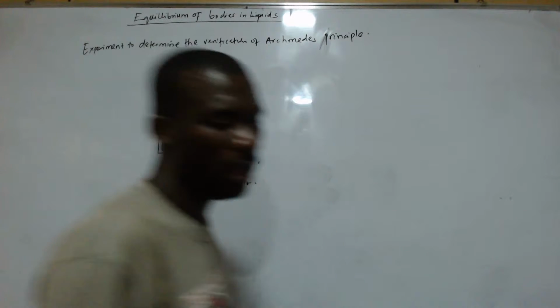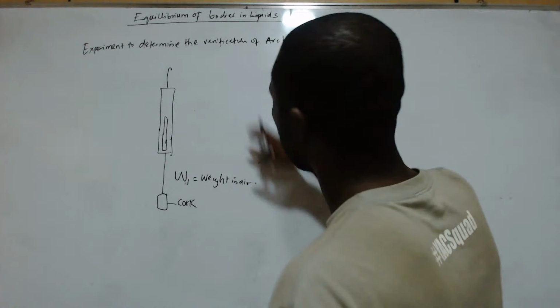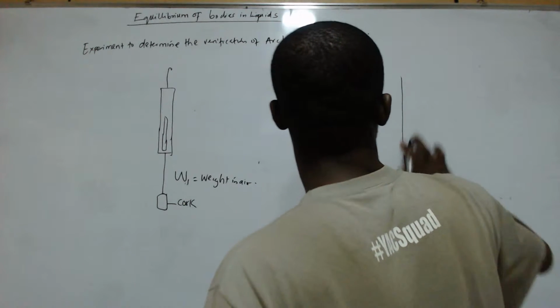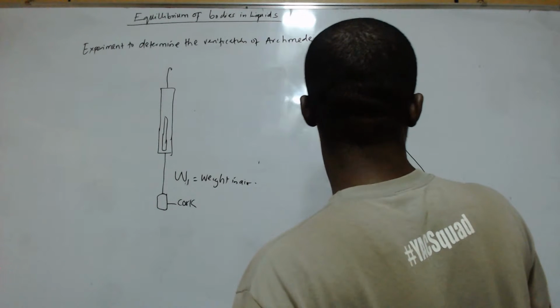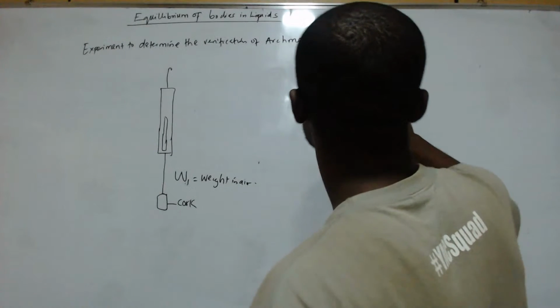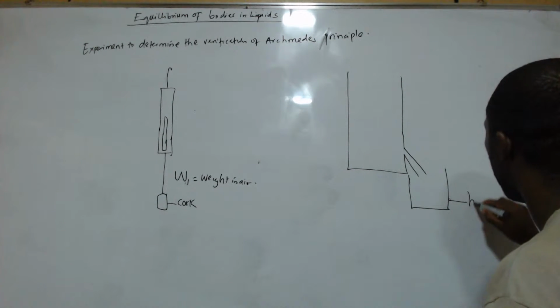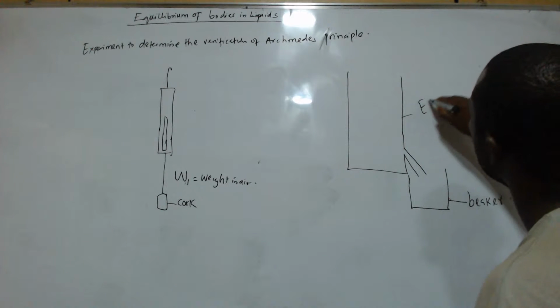Now, let's imagine this placed inside a beaker with an opening, a Eureka can. This is a Eureka can, and then this is a beaker.